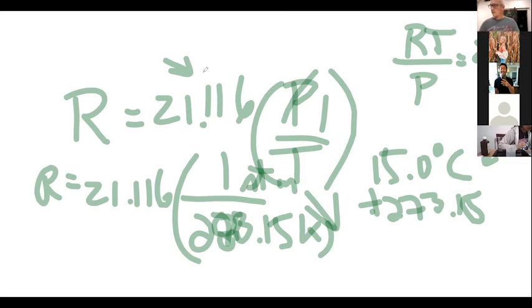So R is 21.116 divided by 288.15. That's not too bad. So my R is equal to 0.073.